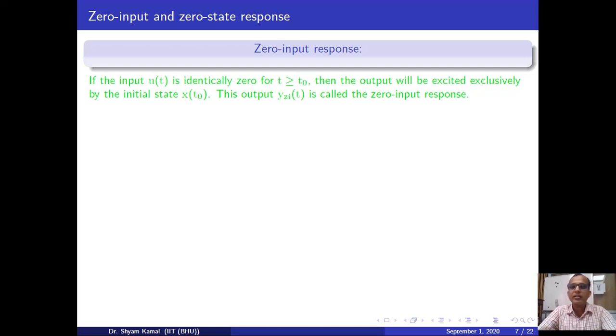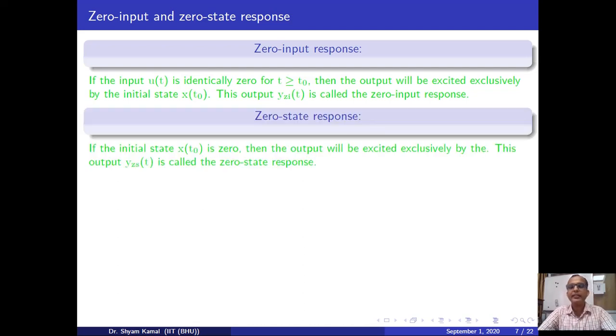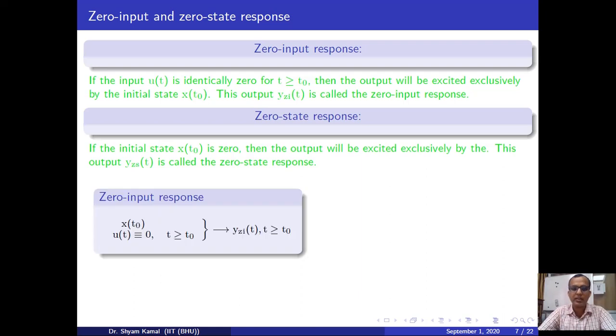Similarly, I can define the zero state response by putting the state equal to 0. We say the system is at rest, so all internal variables of the system are 0, and whatever output reflects is just due to the input. That is called the zero state response.